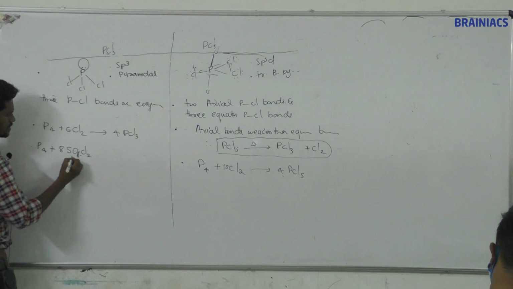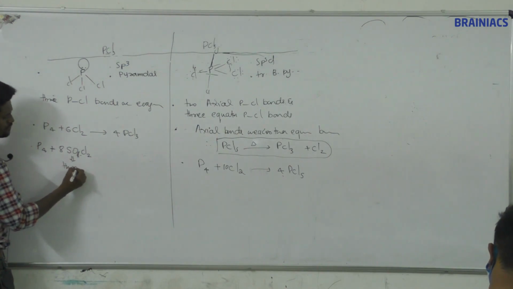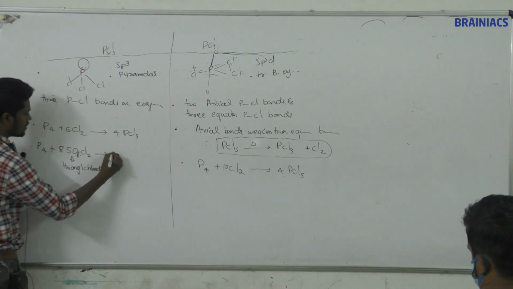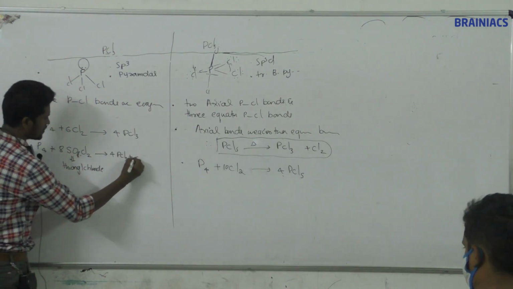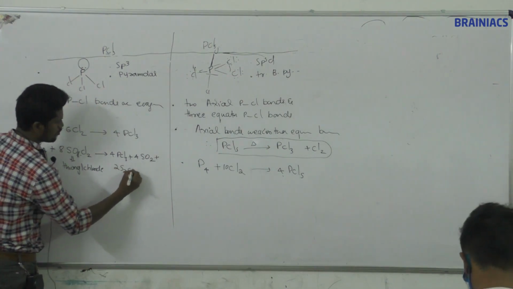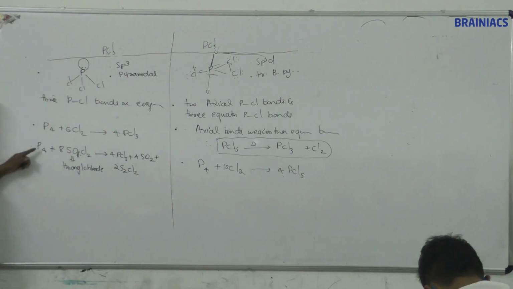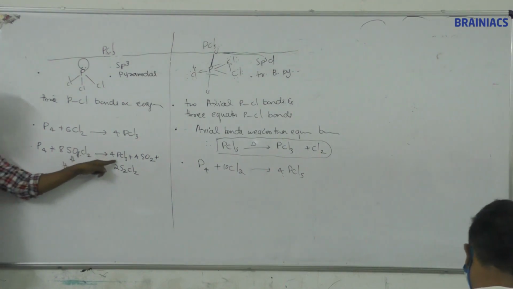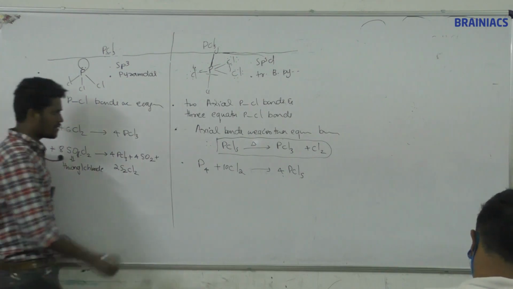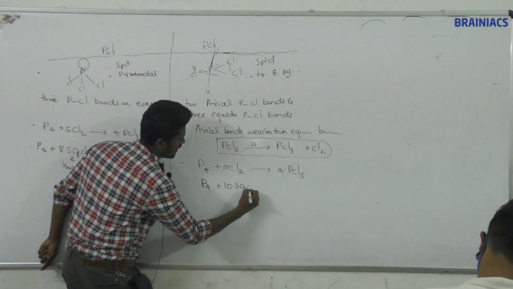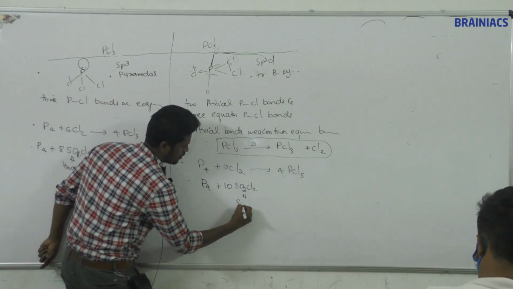And here white phosphorus reacts with SOCl2, that is thionyl chloride. It gives 4 PCl3 plus 4 SO2 plus 2 S2Cl2. In the same way, white phosphorus reacts with sulfuryl chloride, that is SO2Cl2.